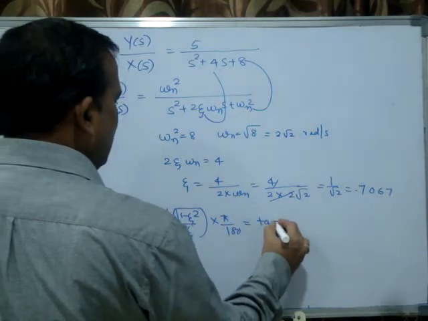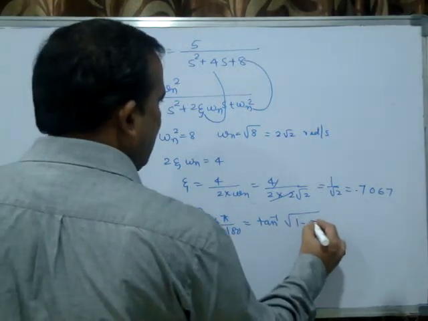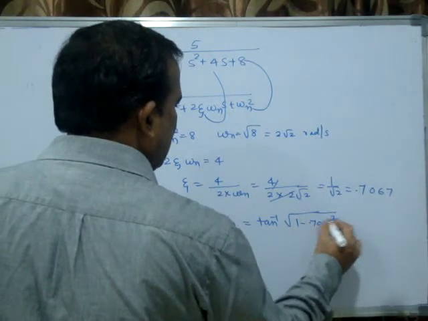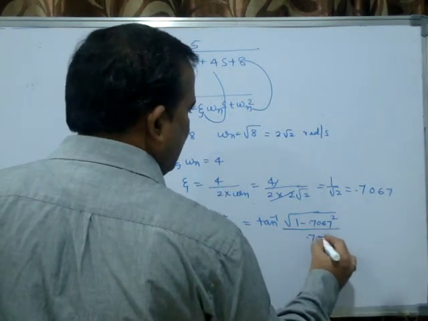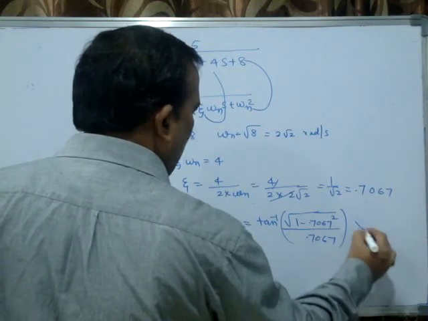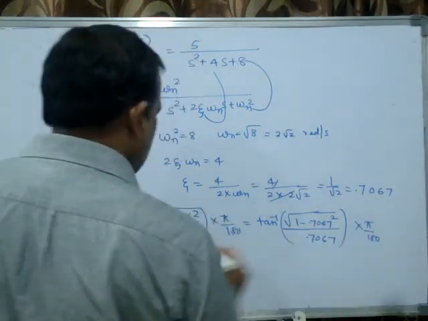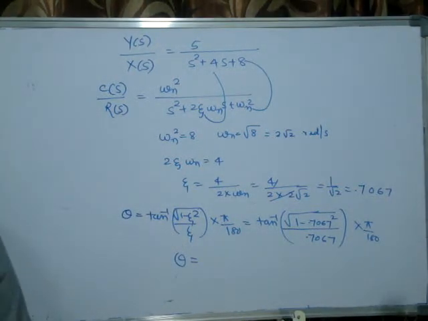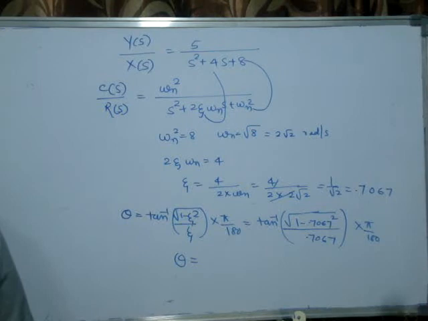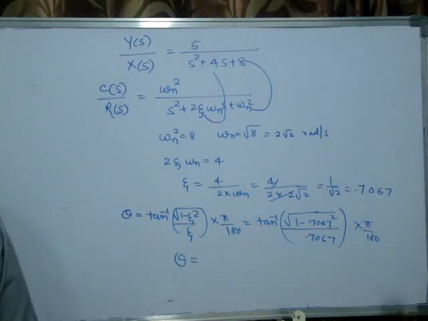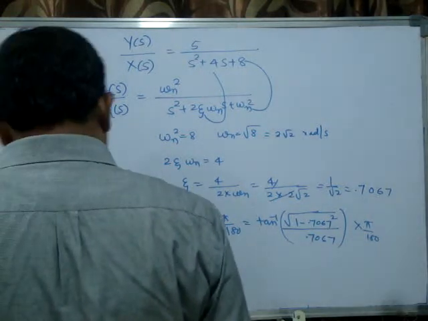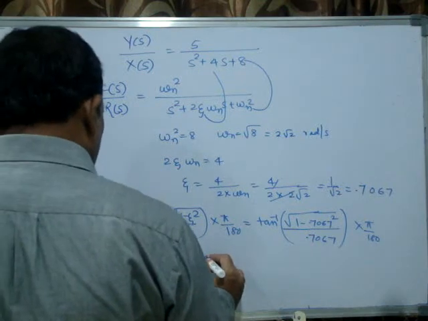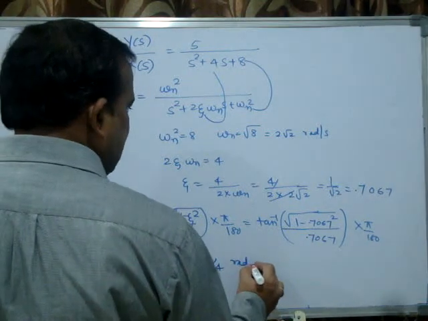That is tan inverse of 0.707 divided by 0.707. So theta is equal to pi by 4 radians.